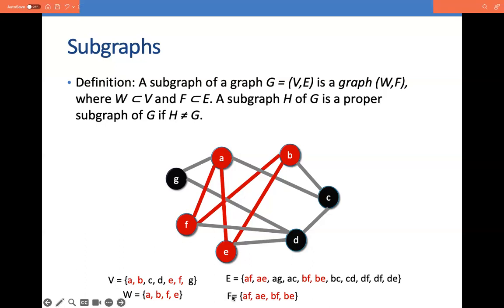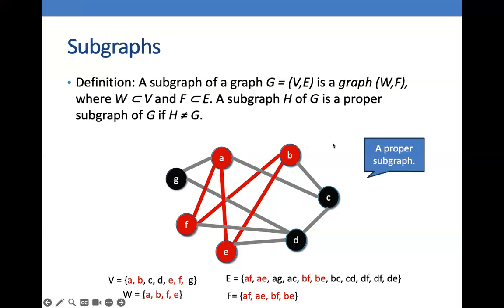And the set of edges F of the subgraph highlighted in red are also included in the edges of the original graph. So we can then say that W is a subset of V and F is a subset of E. And as you can see, it has been stated here.